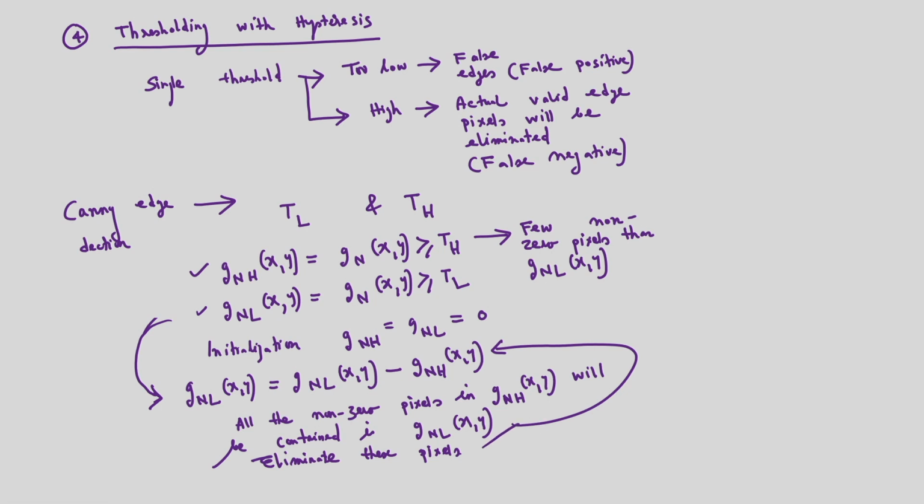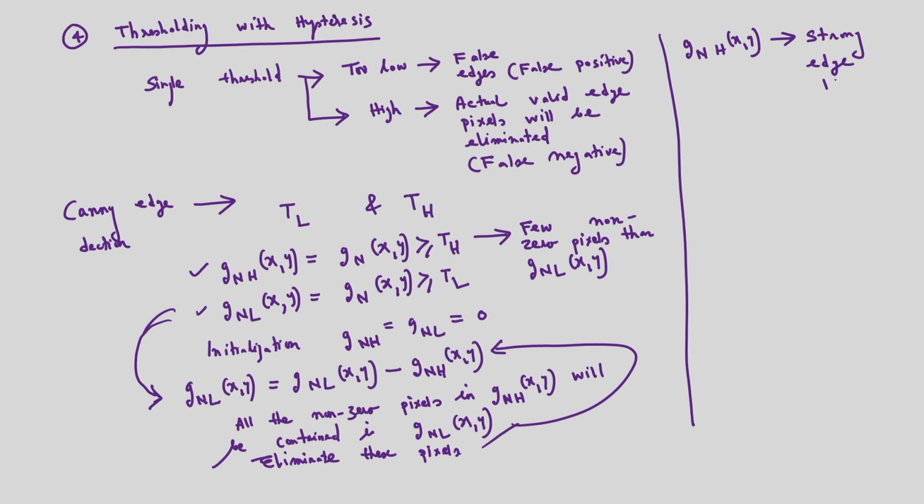So after doing all these operations, I will be getting these two images. One is G_NH(x,y), that corresponds to the strong edge pixels.